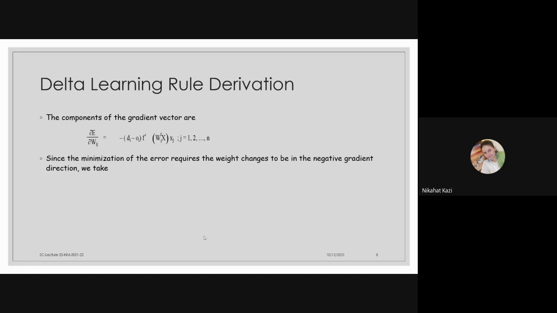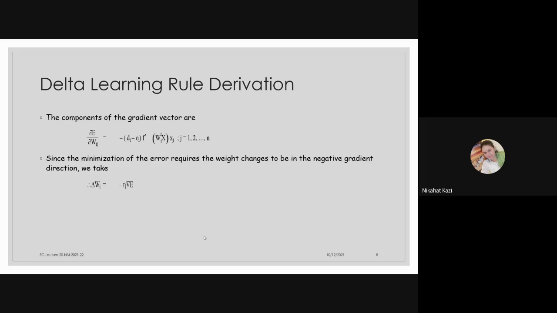Now this is the gradient of the error that we have defined, the squared error. Since we have to minimize this error, the weight changes that we need to do should be in the negative gradient direction. I hope you know the gradient descent rule. According to that, the weight changes have to be in the negative gradient direction.